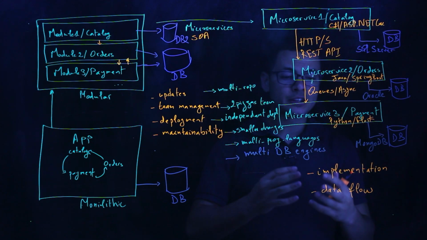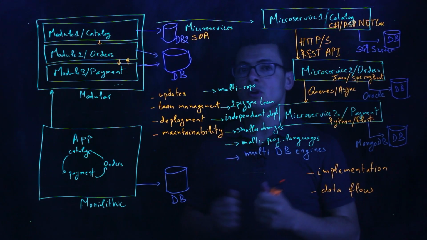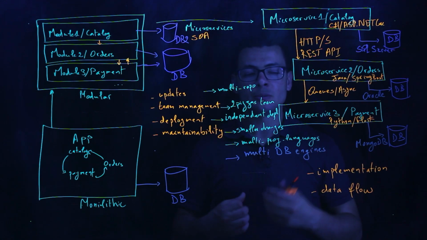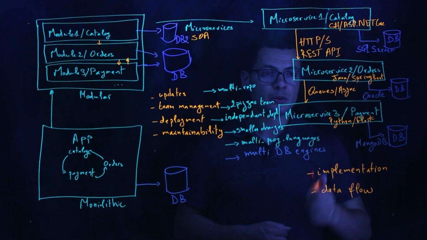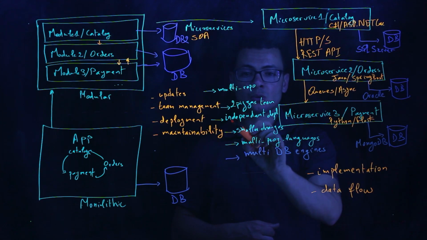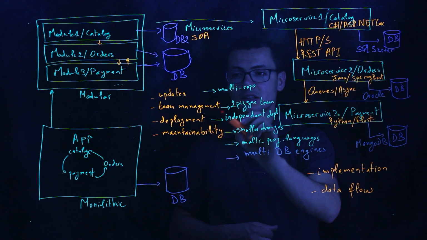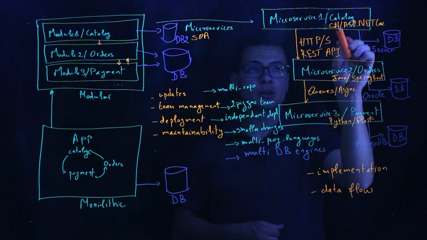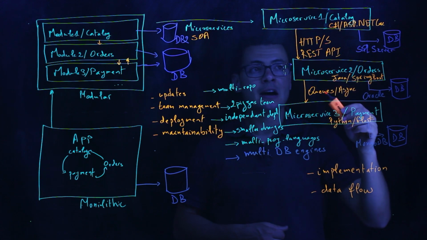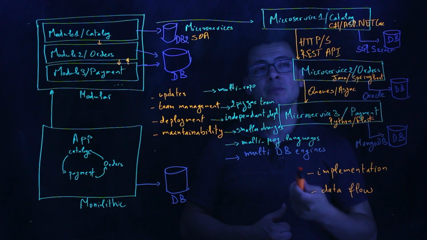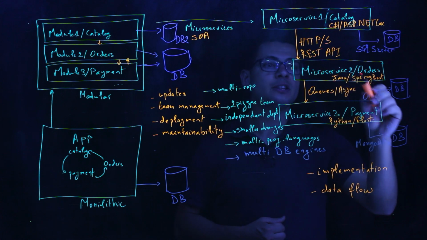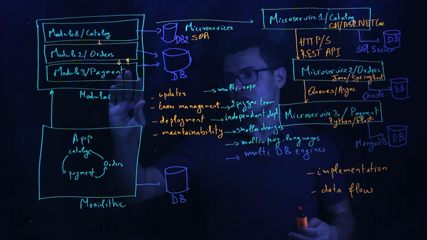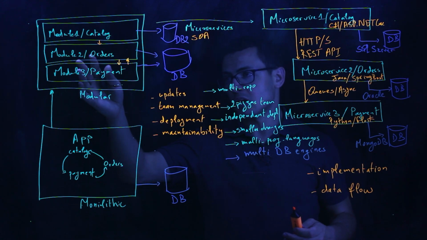So understanding the complete data flow inside such a microservice application is a bit hard to do, because here again, we do have independent teams working on different microservices, and it might be a bit difficult for them to understand the implementations of the other microservices, which is in contrast to what we have done here.